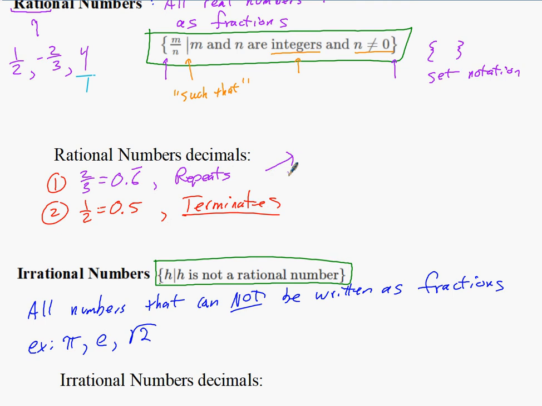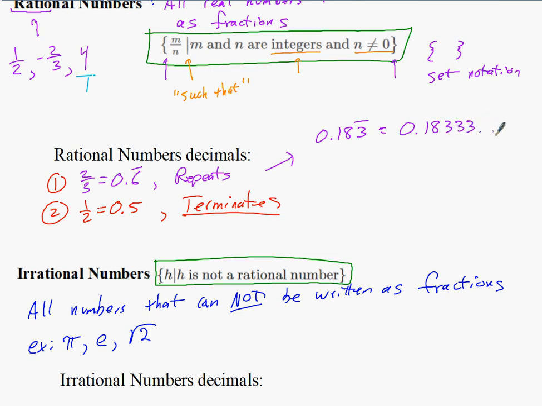Some other examples of repeating decimals. What if I did 0.183 repeating? Which part is repeating forever in that decimal? Is it 183, 183, 183? What's the part that's repeating? If I just wrote that forever and ever, what would it look like? 0.18333.